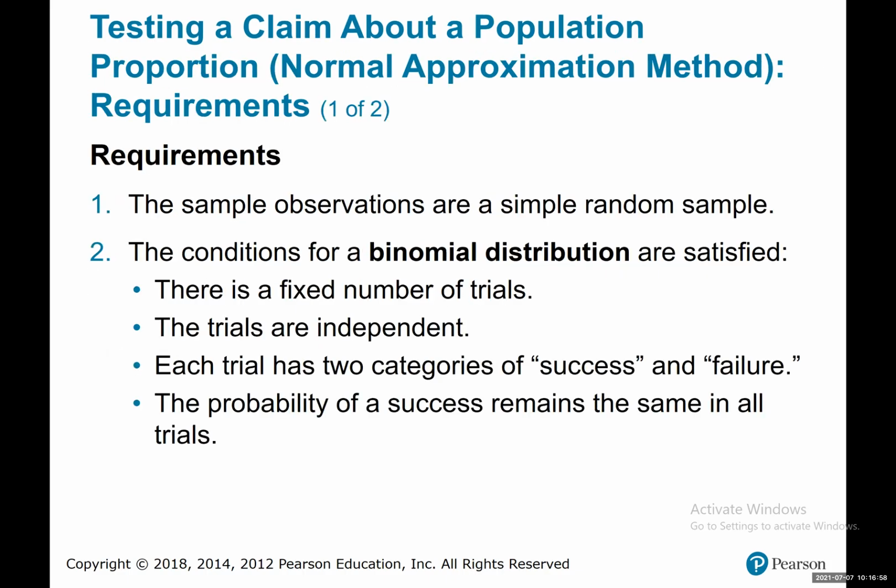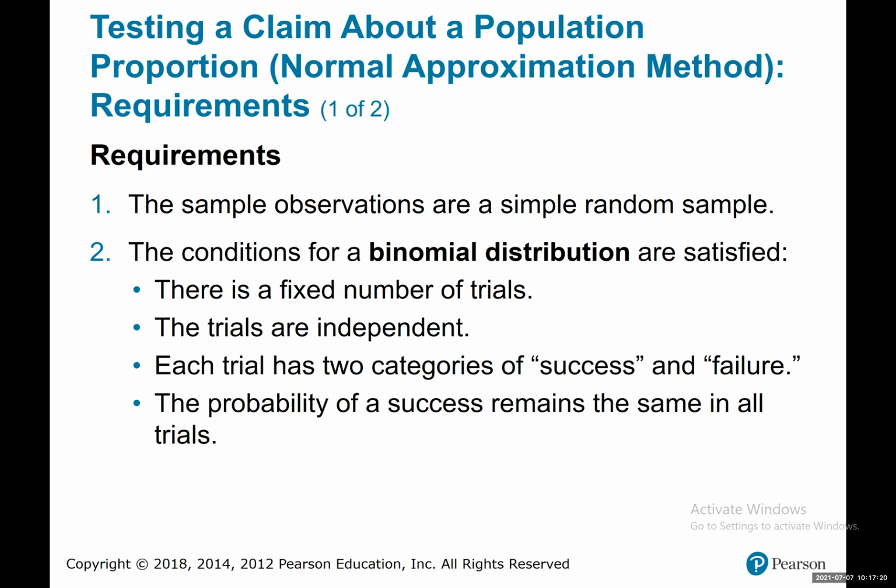Requirements. We are hoping and assuming that it's a simple random sample. Being a binomial distribution means a fixed number of trials, like 1009 in the example of drone deliveries.